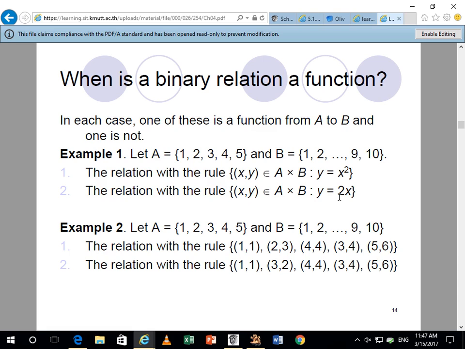So we have 1, 1, 2, 4, 3, 9. Not a function. Why is that?